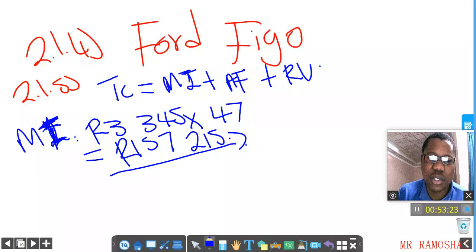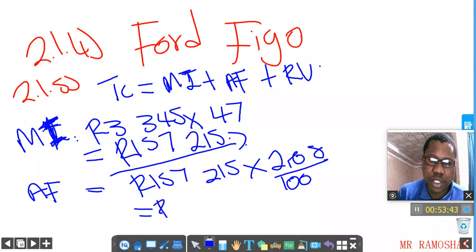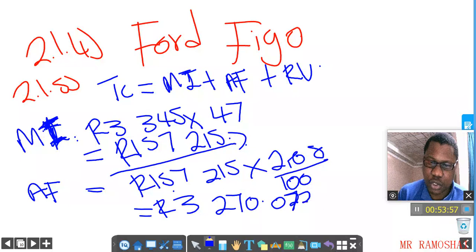So to calculate the admin fee, we can say 157,215 multiplied by 2.08 over 100, which now gives us 3,270.072. All right, there it is.